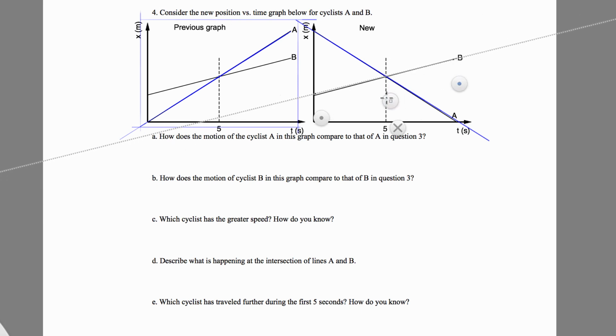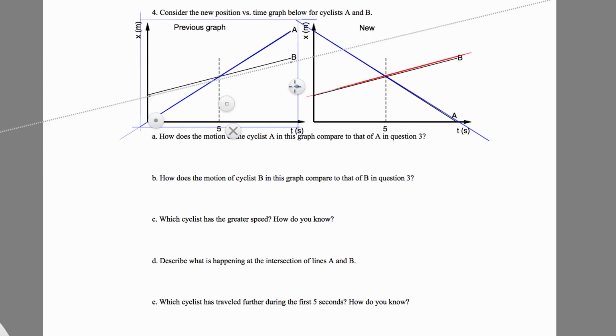And cyclist B is going to be red. And I encourage you to use these colors, not only because it helps explain your idea better, but because colors are fun. And I didn't line that up perfectly. Please forgive me that.